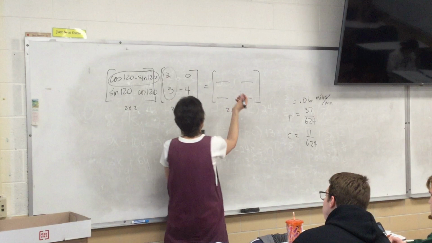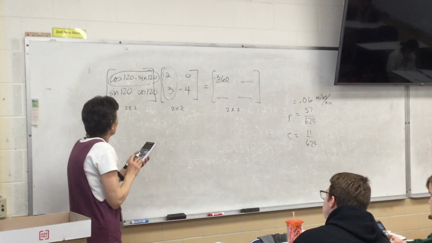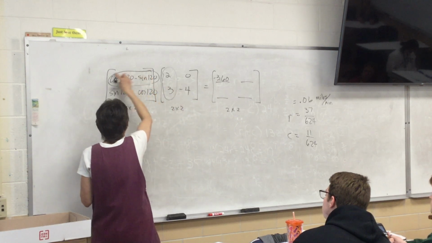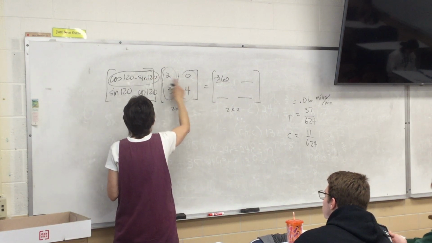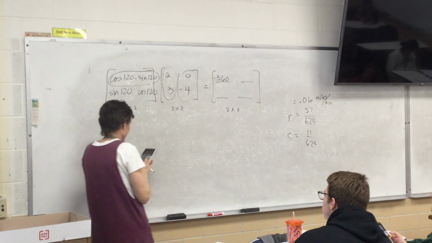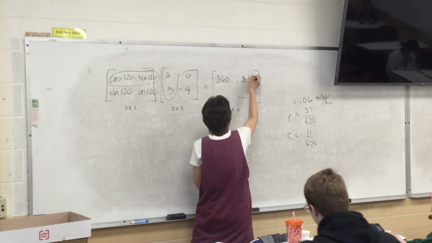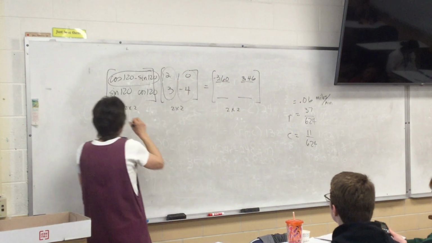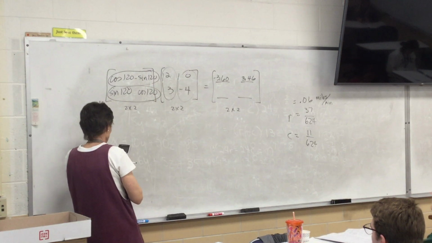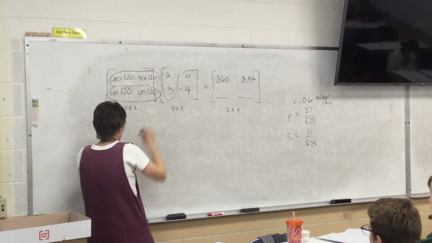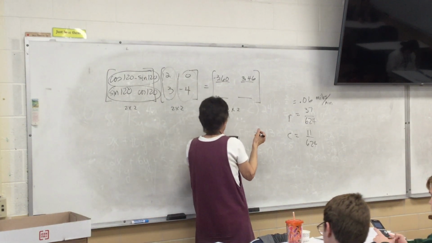I got negative 3.60 basically. And then I'll take this row times this column, so 0 times cosine, and negative 4 times negative sine. So 3.36. And then, now I'm moving down here, so 2 times sine 120 plus 3 cosine 120, 0.23.